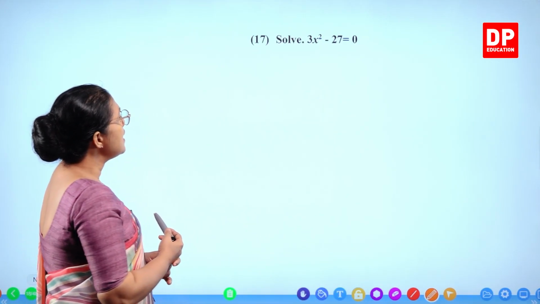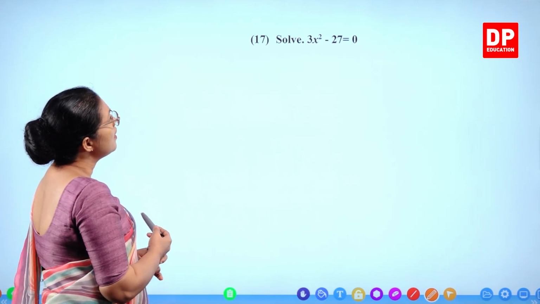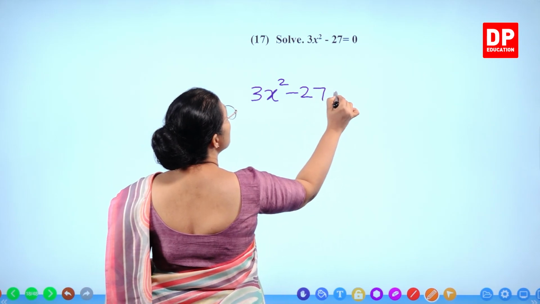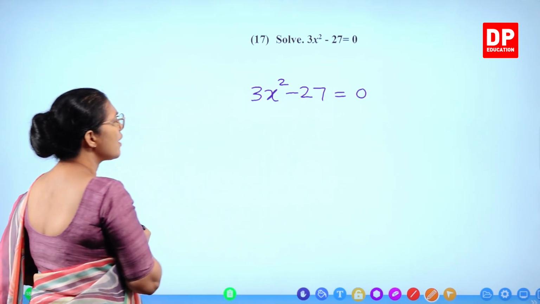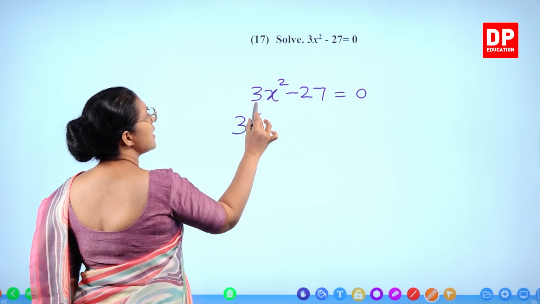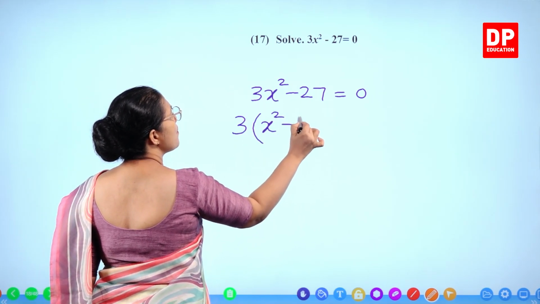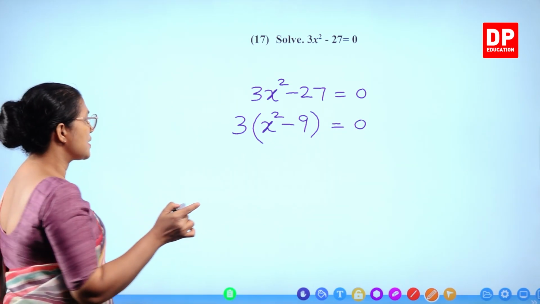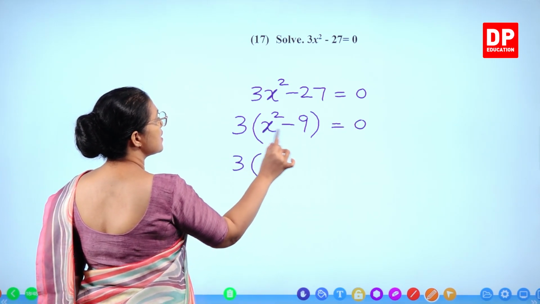Question number 17, solve. So here 3x squared minus 27 is 0. You can find the factors. So take 3 out and write x squared minus 9. Now you can use the difference between two squared terms. What are the factors?